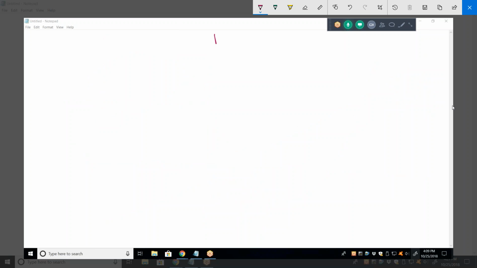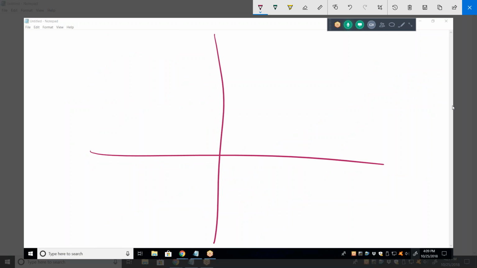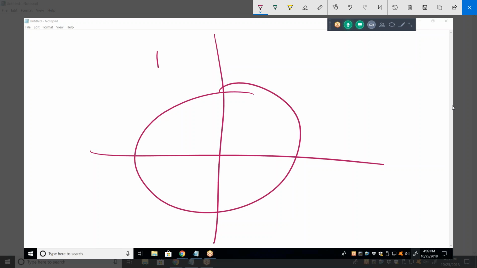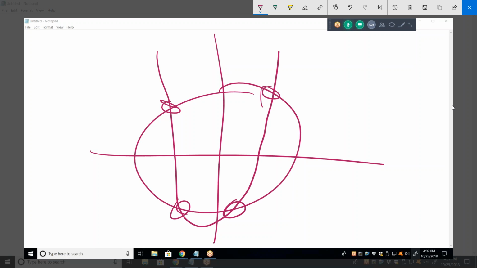If I give you a circle and a parabola, how many solutions are you going to have? 1, 2, 3, 4. Exactly. So by knowing what the graph looks like, it gives you a bit of an idea as to how many solutions you're looking for.